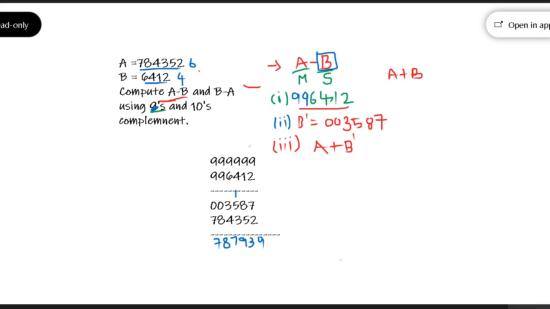No, sir, we again perform nines complement on the result. What you have to do again? Perform nines complement to complement the result. That is nothing but you again subtract from 9, 9, 9, 9, 9, 9 the value 7, 8, 9, 3, 9.